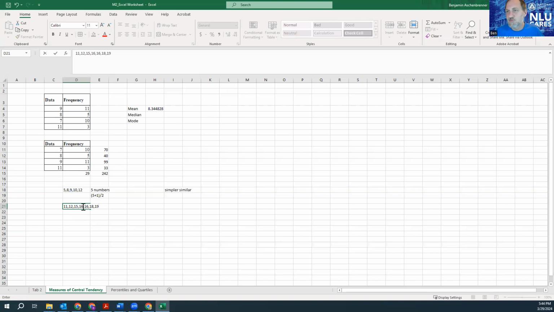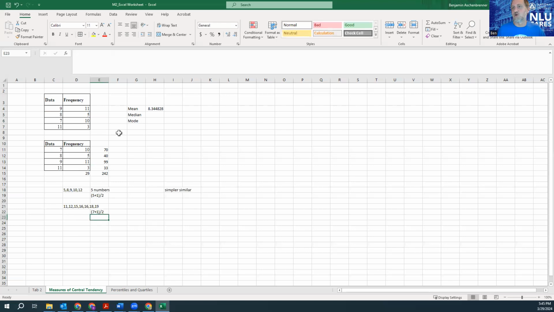One, two, three, four, five, six, 7 numbers. And so 7 plus 1 divided by 2 gives me 8 divided by 2 is 4. The fourth number should be the middle number. That's this one. Got 3 numbers on the right, 3 numbers on the left.